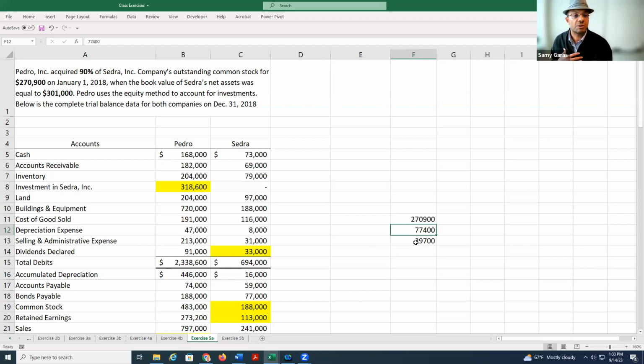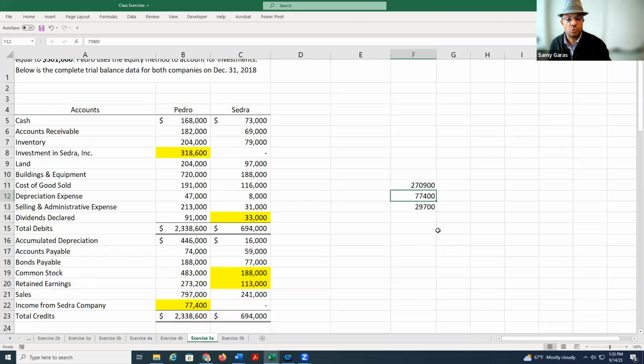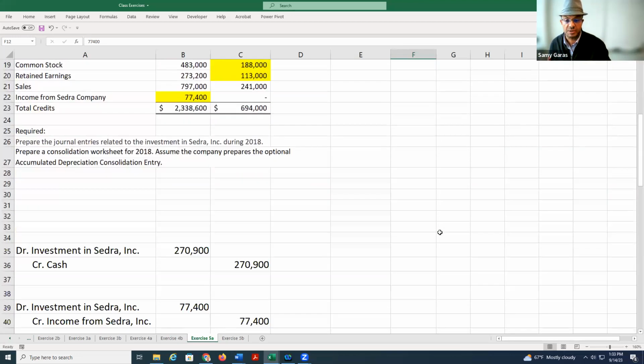And we record our portion of dividends, 29,700, but we don't record the fluctuation of the company net identifiable asset in the market. So here in the 3 transactions, we will use one key account, investment in Sidra company, which is the subsidiary. So we record the journals that way.